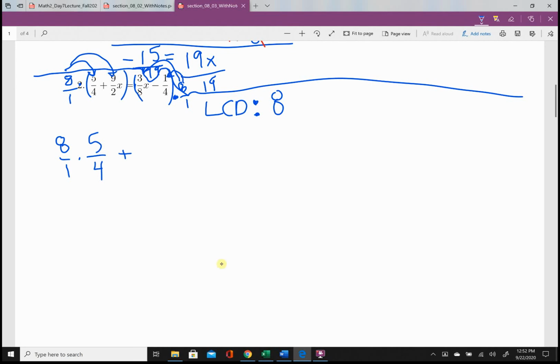Then I add 8 over 1 times 9/2 x equals 8 over 1 times 3/8 x minus 8 over 1 times 1/4.